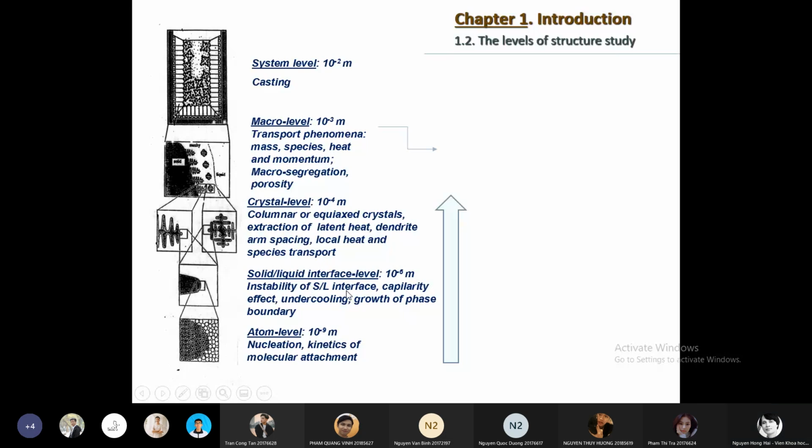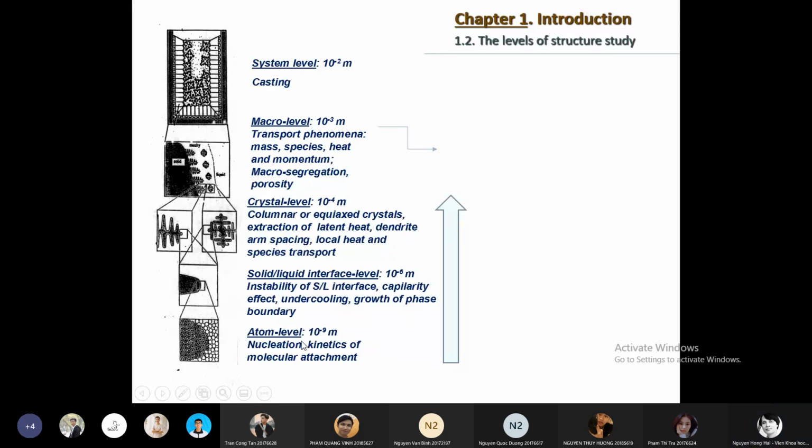It is the interface. Okay, nucleation, interface, and crystal formation. Maybe dendrite, maybe eutectic. In our course, we study three levels, from the atom level to the crystal level. The macro level and system level you can learn in other courses, not in ours. And we go from the bottom up.